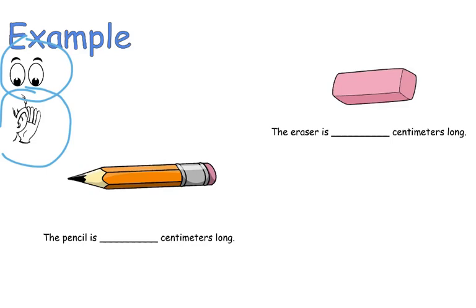So for these, we're going to measure again. I'm going to draw my cubes for these two problems, but for your packet, you have your strip of cubes from yesterday. So I'm going to start at the end of the pencil right here where it ends, and I'm going to draw my centimeter cubes.